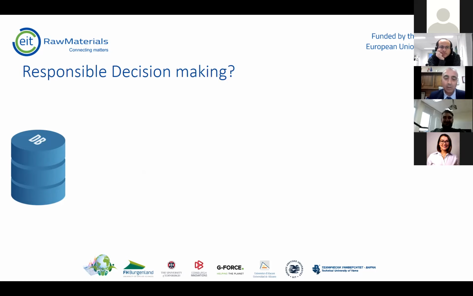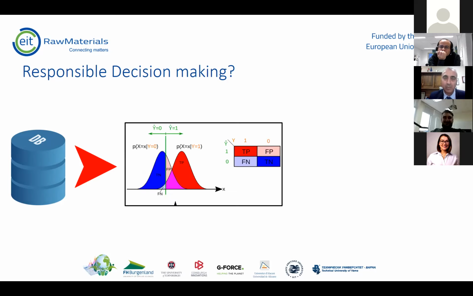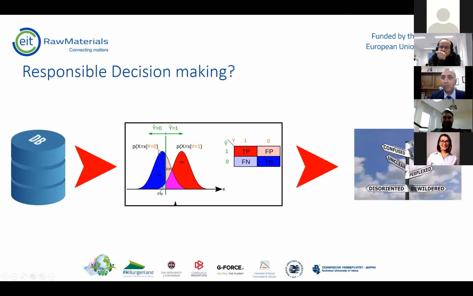So in order to make responsible decisions, we need to carefully select data, the examples we show to the computer, and then it's very important how we tag this data, how we label the data. And then comes the model development. Of course, if you have trash in, you will get trash out, unreliable decisions.